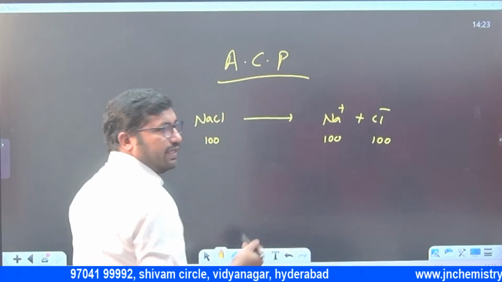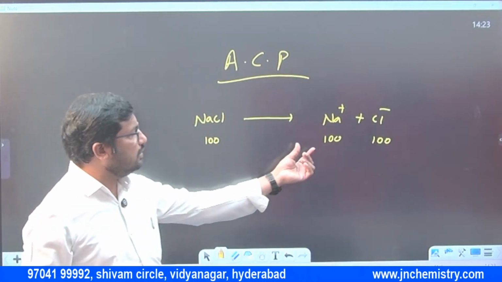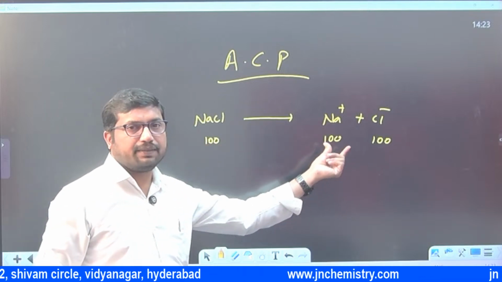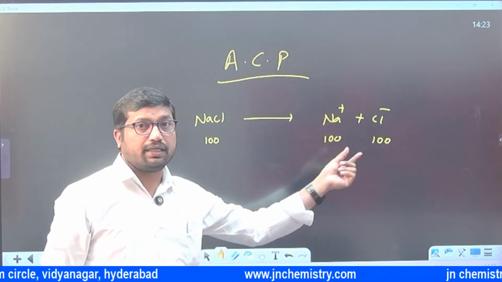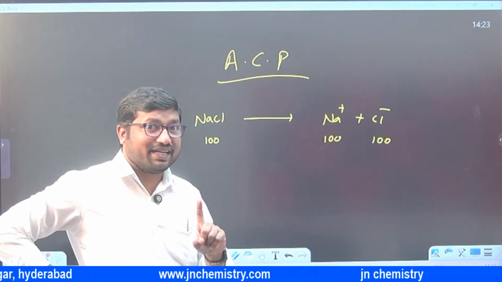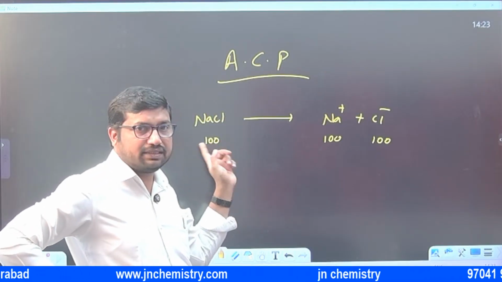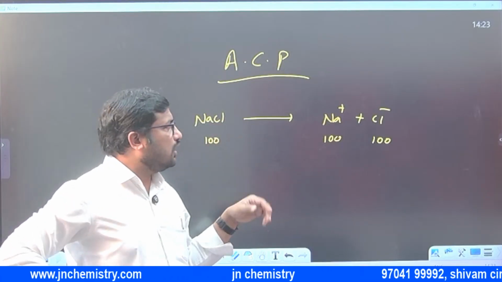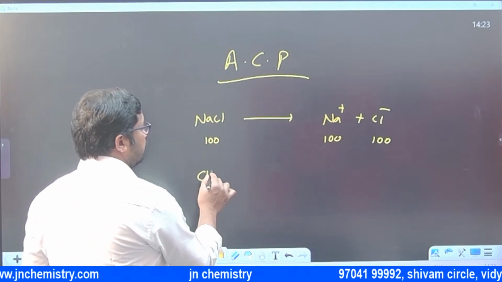Whatever we have calculated, we are calculating for 100, but in the solution what happens? Na+ and Cl− means 100 plus 100, 200. I told you in the beginning, colligative properties depend on number but not nature. So here we are calculating for 200, but not 100. Association also sometimes takes place.